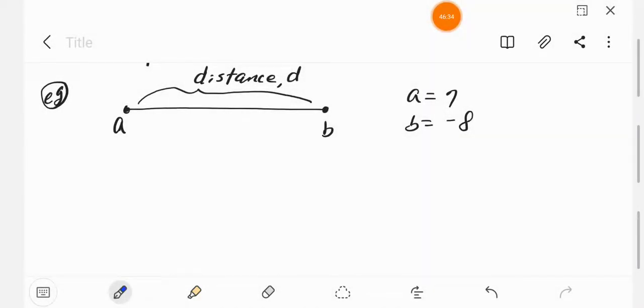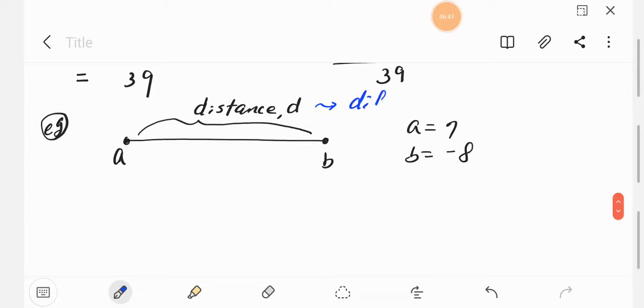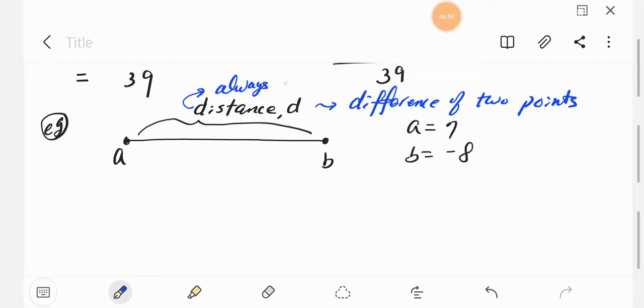Okay, let's find the distance between 2 points A and B. So distance is what? The distance between 2 points is the difference of the 2 points, right? And the distance is always positive.